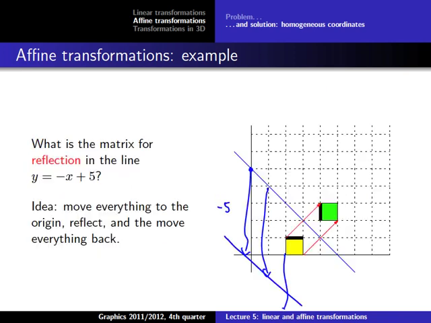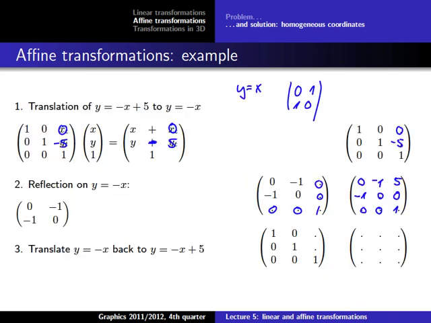And now we did the reflection, so we want to push everything back now. Of course, from the image, it's immediately clear when we are at the bottom, we do minus 5 to translate it there. Then if we want to push everything back up, we just add 5. But of course, we have done the reflection here now. So this object that we moved here is now here after we applied the reflection matrix to it. So if we move that up by 5, you see that we end up at the target position.